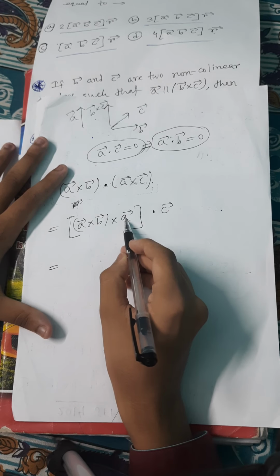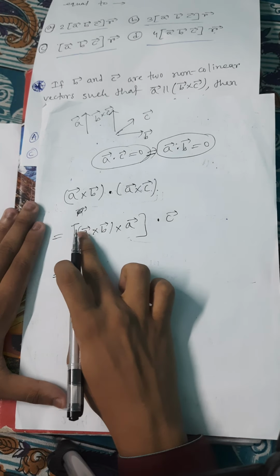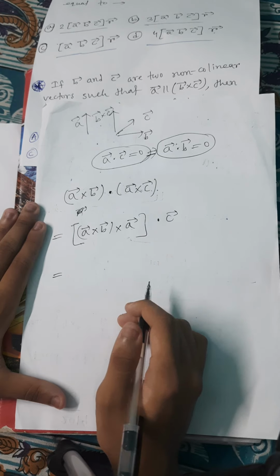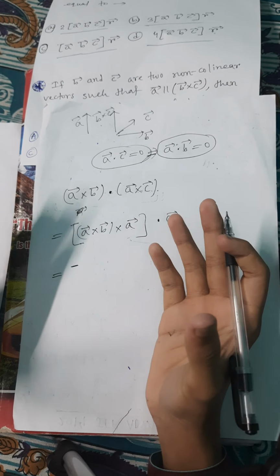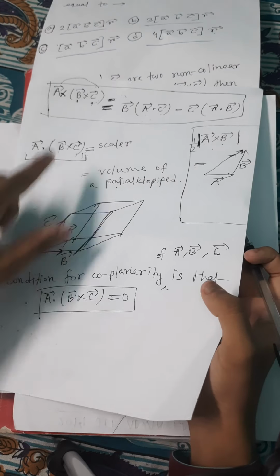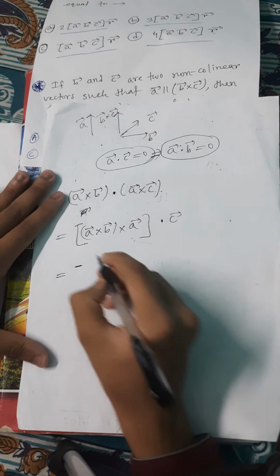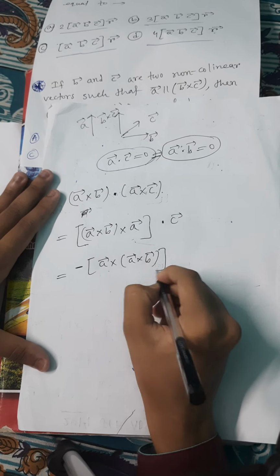First let me take the minus sign common, because some vector cross some vector. You want to change the order, because you have to put that in the form a cross b cross c. So a cross b. Now it is okay.